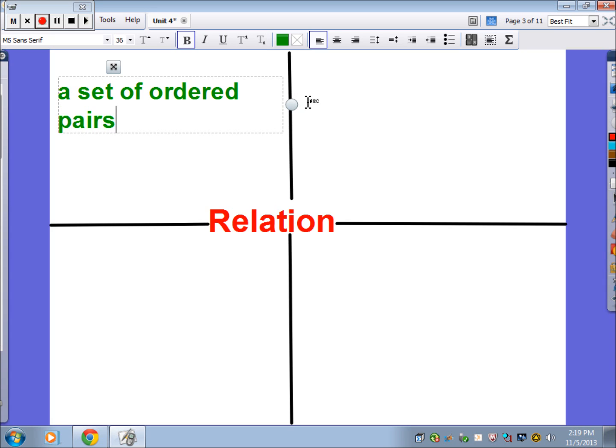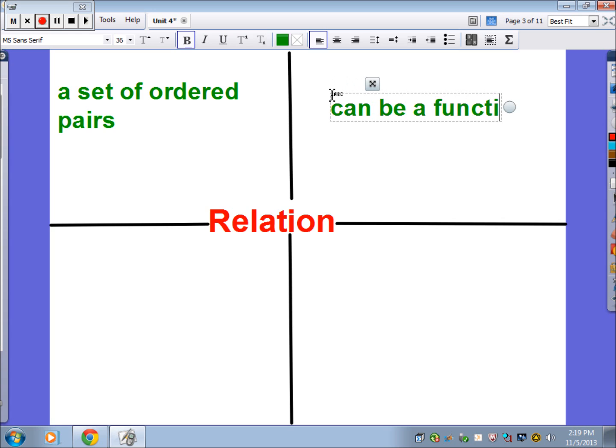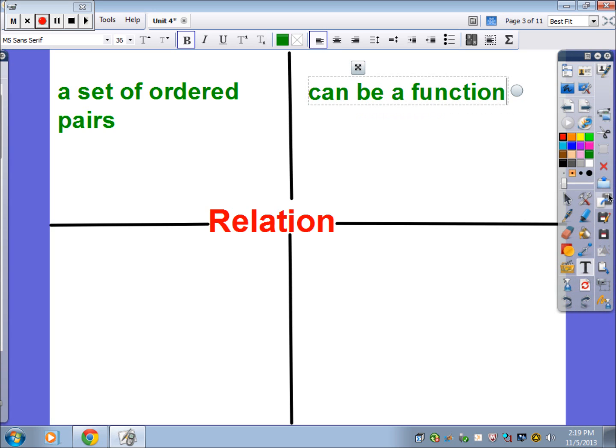There we go. Now I've got it spelled right. A set of ordered pairs. Some characteristics: a relation can be a function, but does not have to be a function. So after you write that down, we're going to go into some examples of relations.